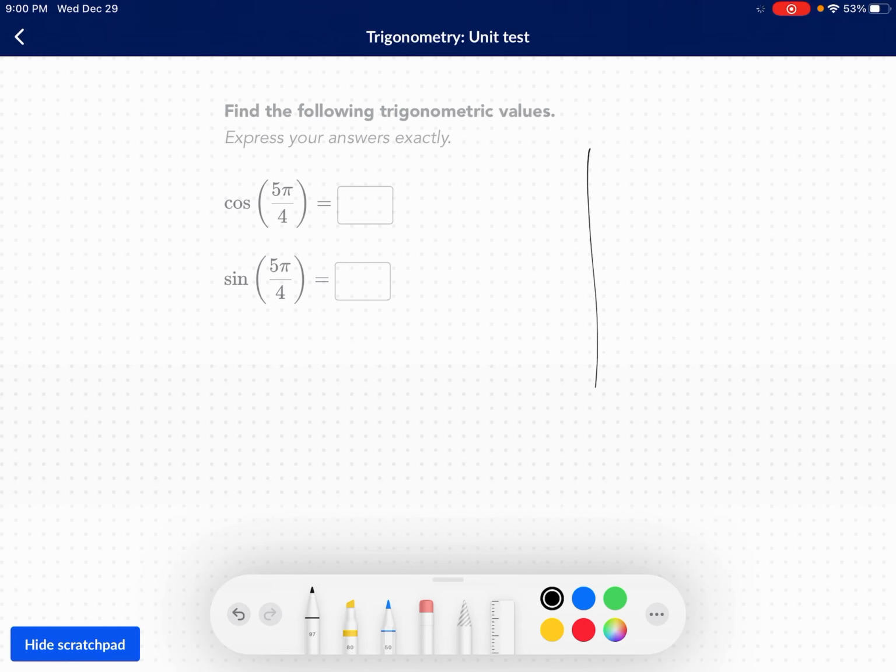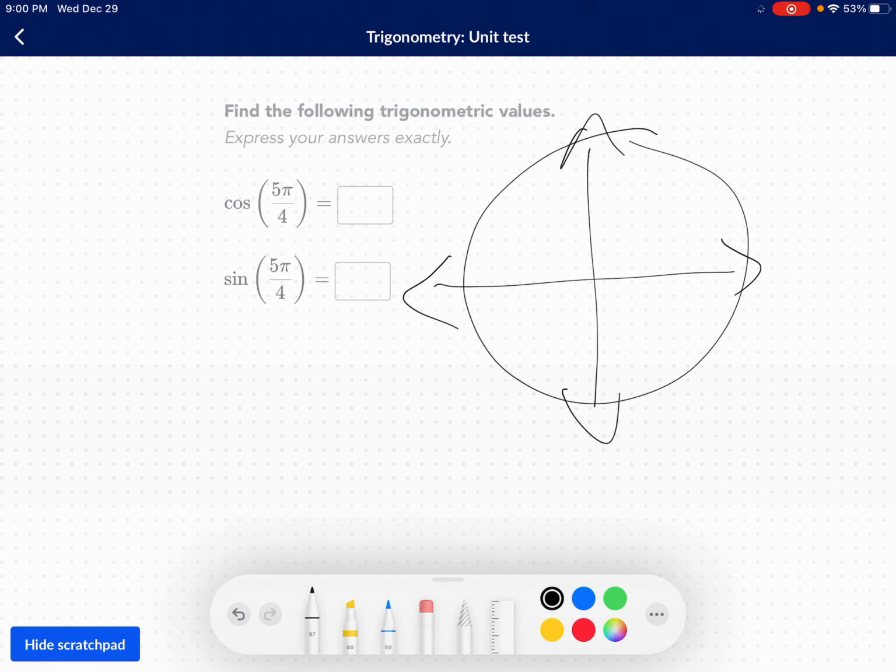Okay, so cosine of, I'm just gonna draw a 45, 45, 90 triangle on a unit circle. This is 1. This over here is root 2 over 2, I believe.